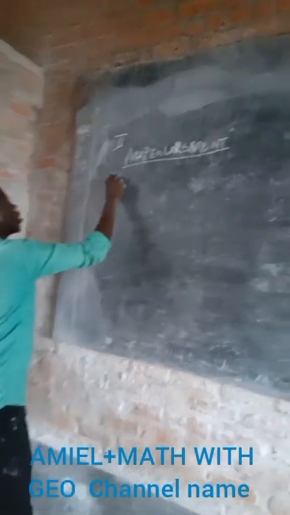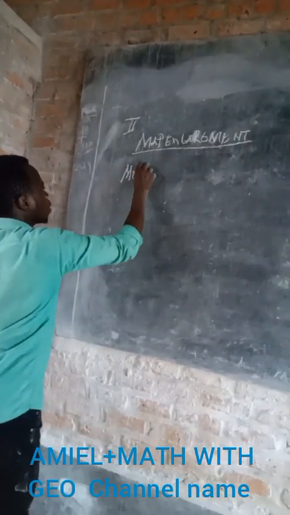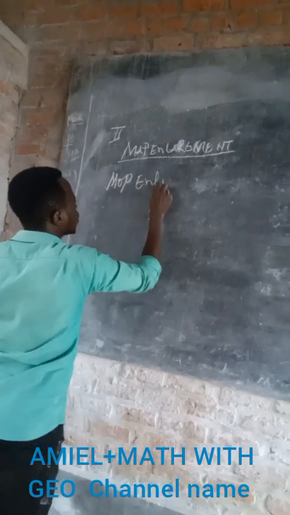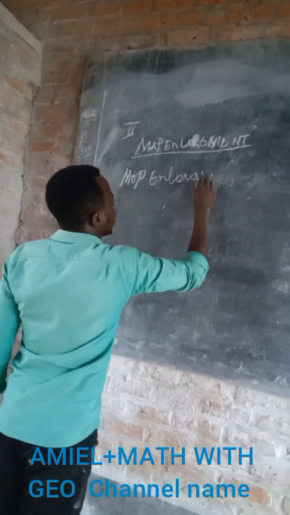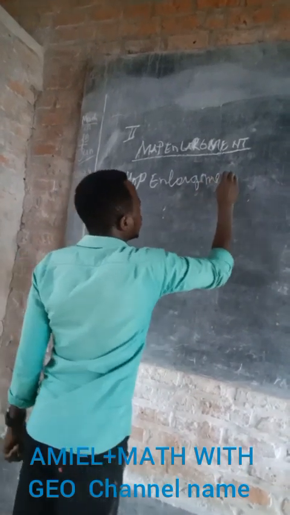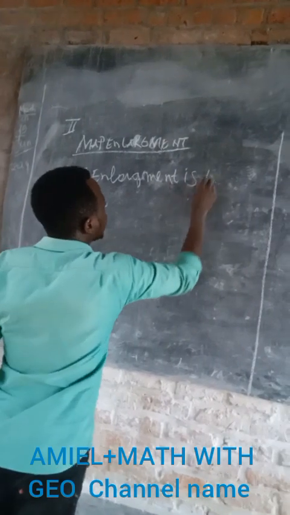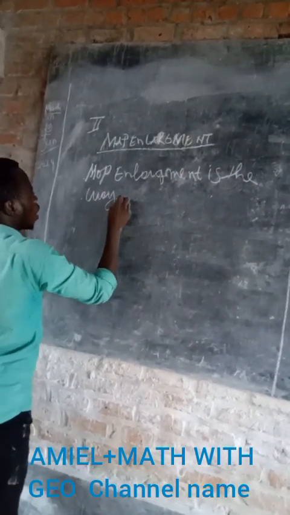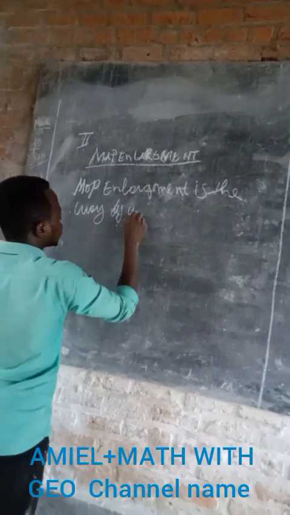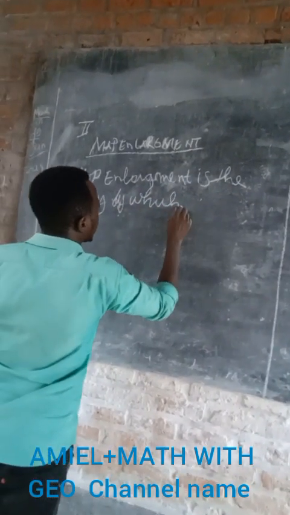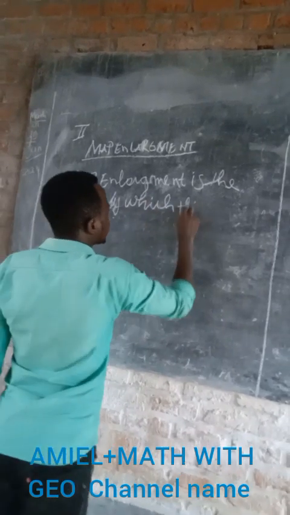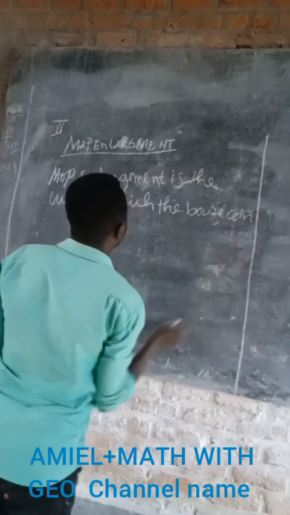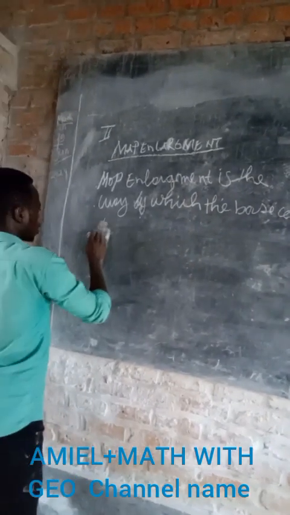So map enlargement is the way by which a map, the base map, can be increased.